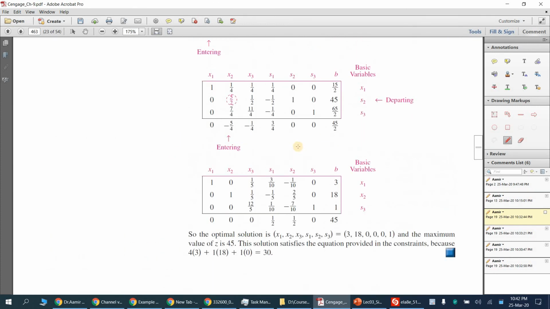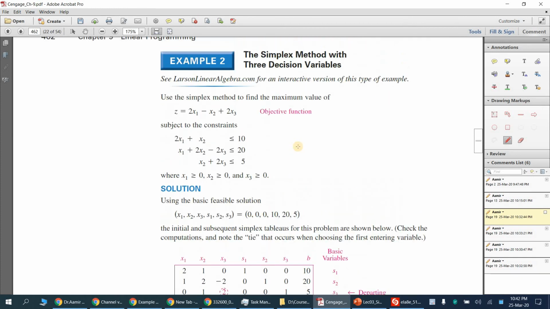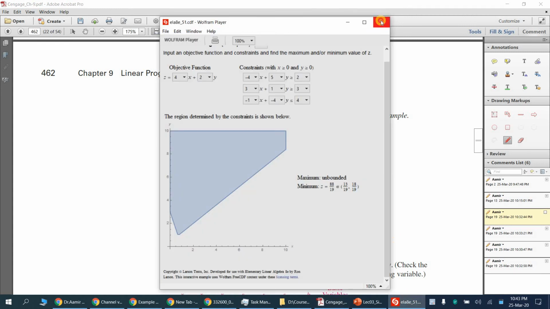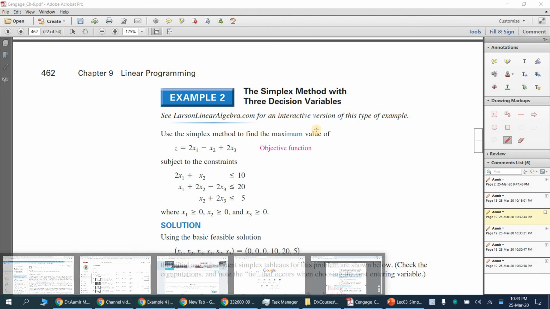Okay, many steps. Again, for these examples where it is written that there is an interactive version available for this, you will go to the slides and you will go to the website and check.